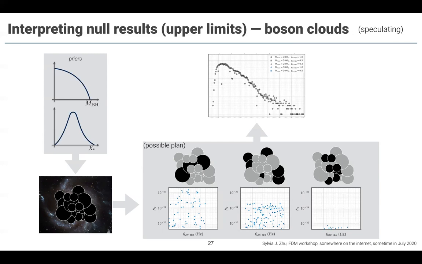Then depending on what you believe the black hole mass distribution looks like, you could sample from these sets of signals to produce your own plot for the expected number of signals for your own black hole population. Again, this is a little bit speculative, and there are a lot of details that would need to be hammered out, but this is a way we can imagine going in the future.